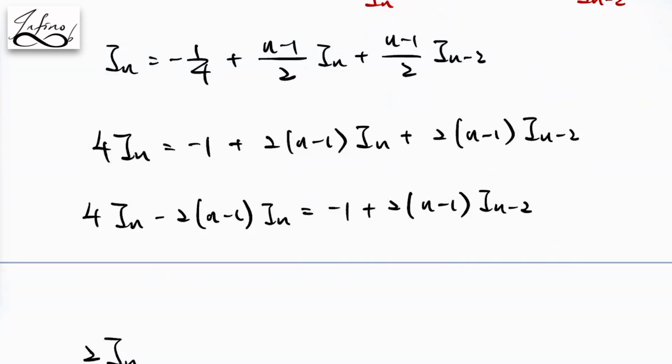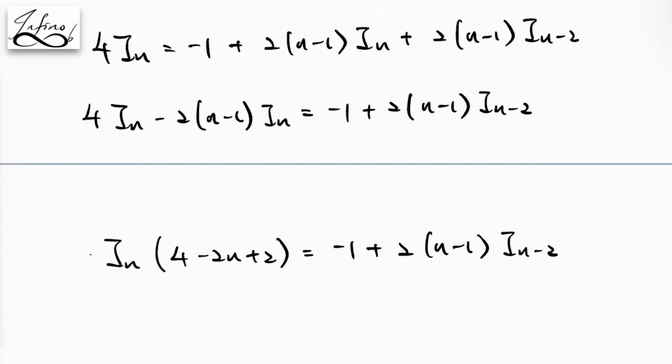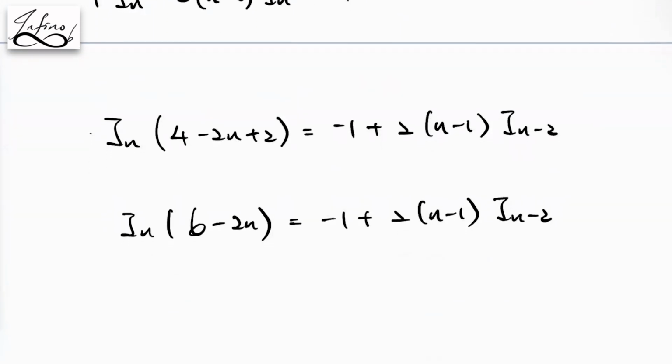Then I have, oh no, maybe I just simply combine it first. So this one is 4 minus 2n plus 2. Then this one will be negative 1 plus 2 bracket n minus 1 I_(n-2). So this is I_n (6 minus 2n) equals negative 1 plus 2(n minus 1) I_(n-2).